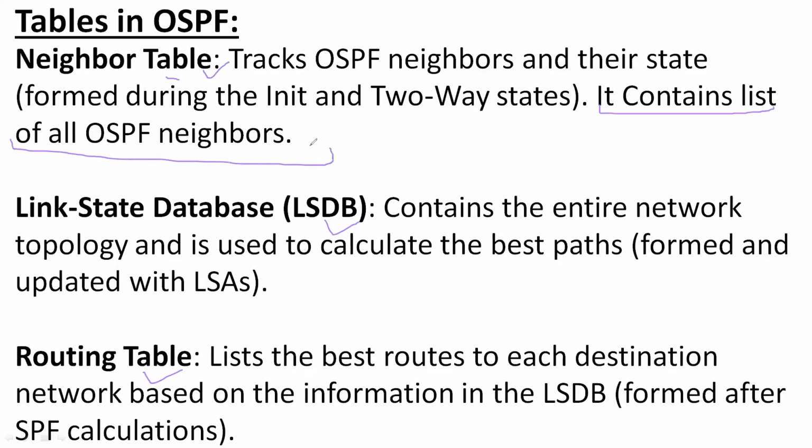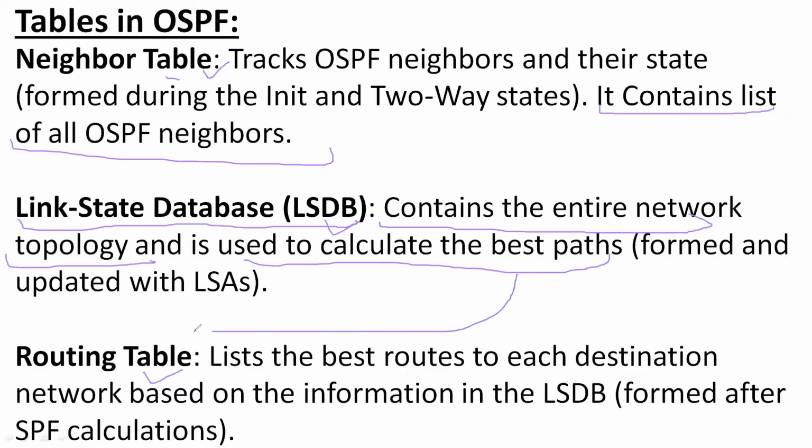The routers that are running OSPF, that information will be collected by the neighbor table. The link state database table contains the entire network information of the topology, and it is used to calculate the best path. That best path will be available in the routing table also.